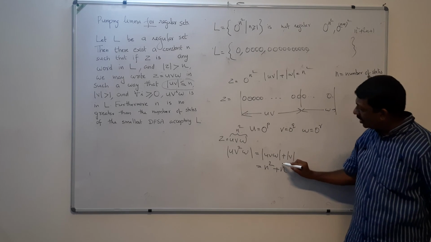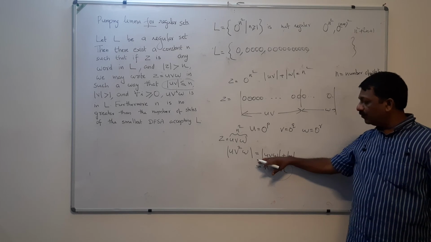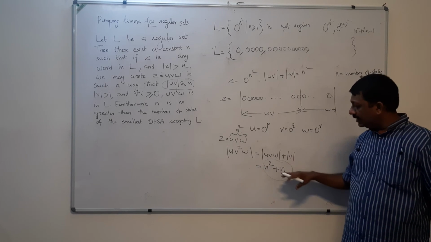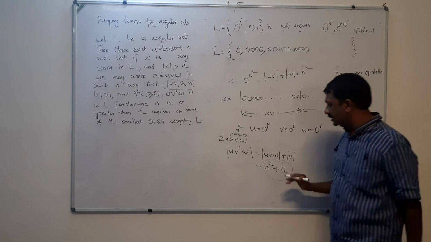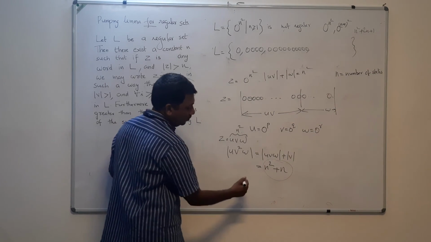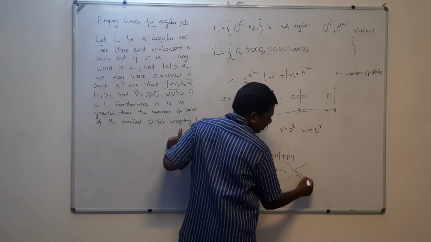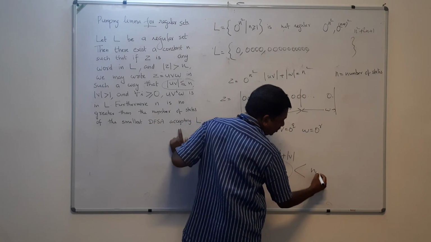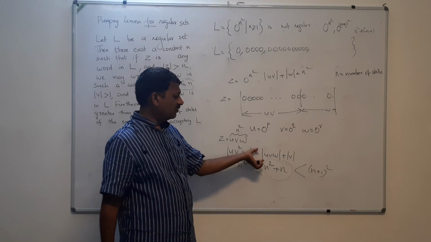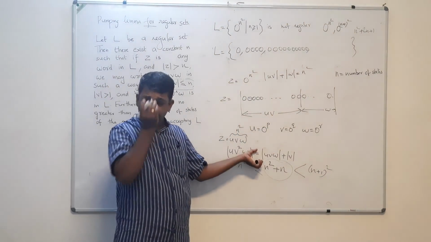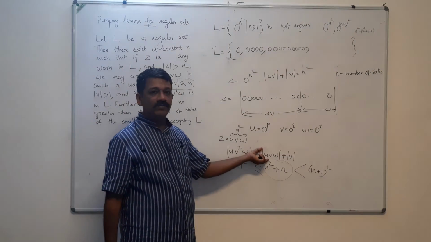But this value, length of u v square w, is lying in between n square and n plus 1 square. That means this is not a valid input. u v square w is not a valid input.